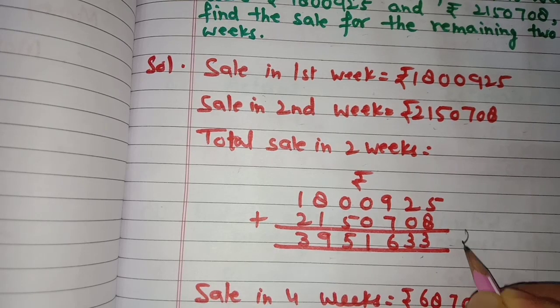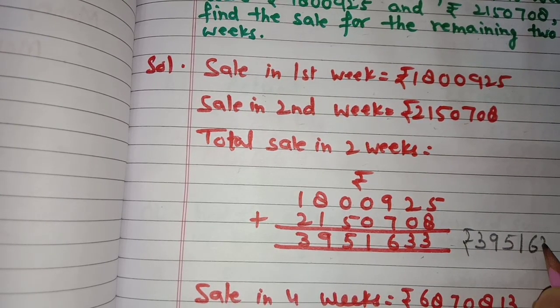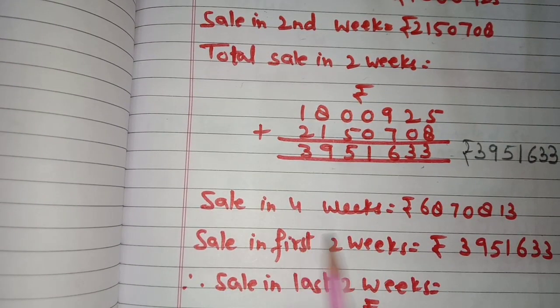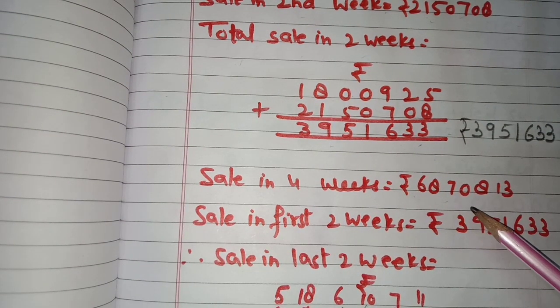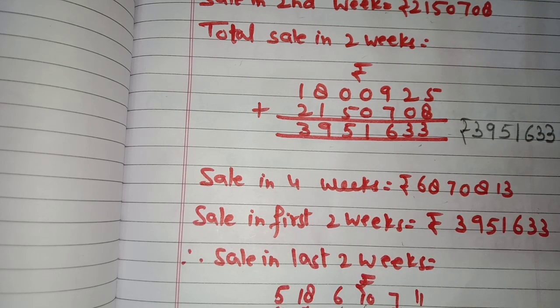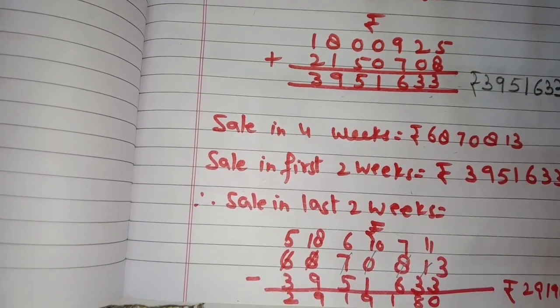So you can write it like this, rupees 39,51,633. Then sale in 4 weeks means total sale of the month of February, that is rupees 68,70,813. Now the sale in the first 2 weeks we have, this is what we have calculated. Now we need to find the sale of the last 2 weeks.